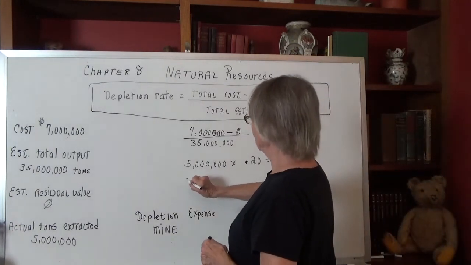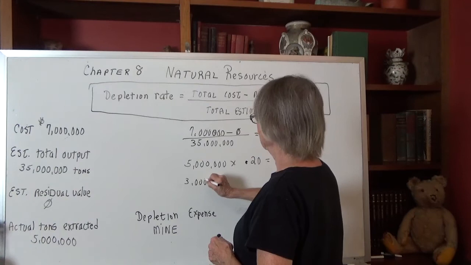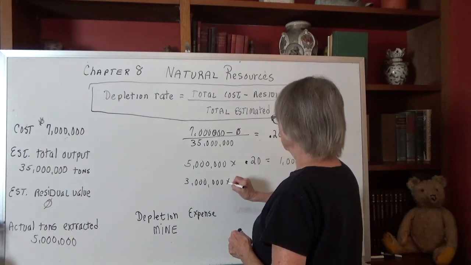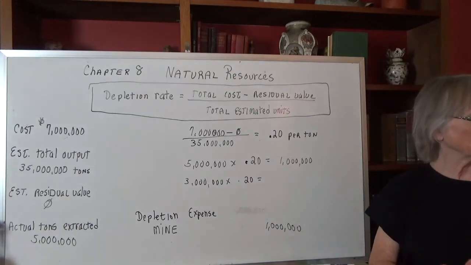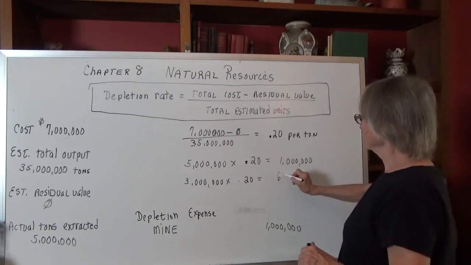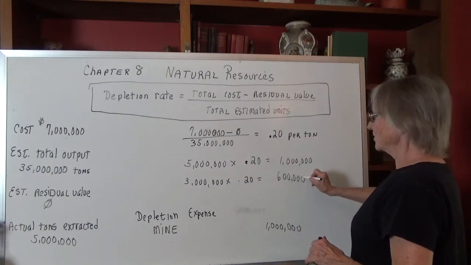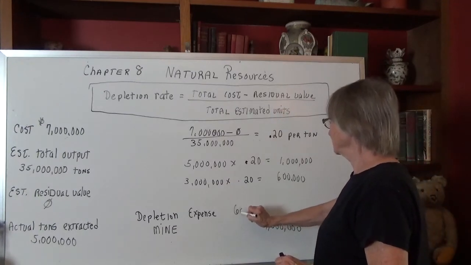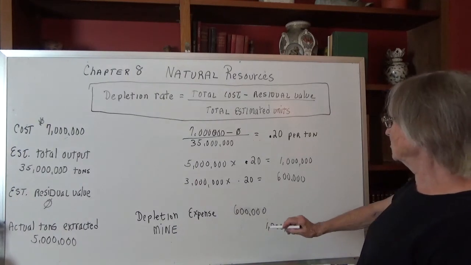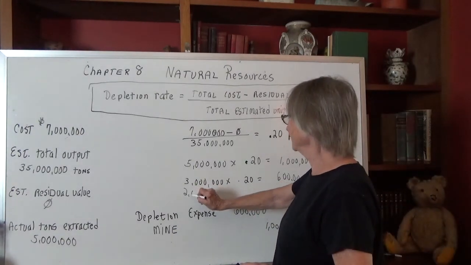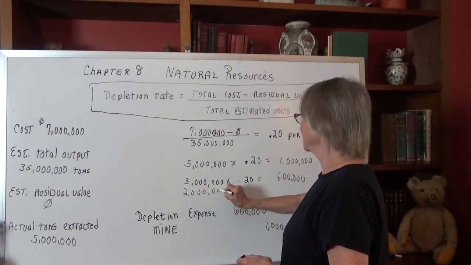So 3 million tons times the rate would equal 600,000. That would be our depletion expense, 600,000. And then the rest of it, we have 2 million tons that were mined and not sold.